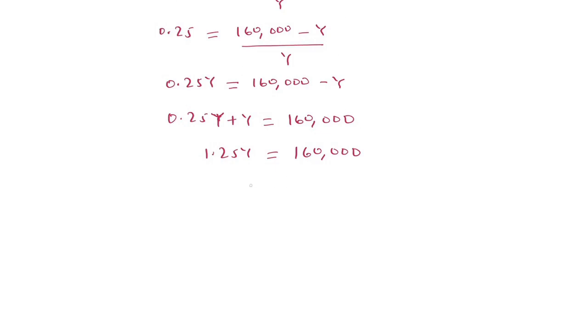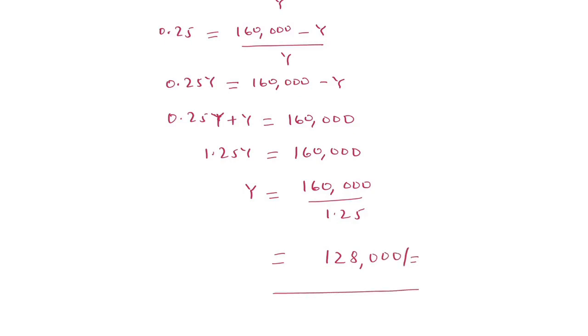Then y equals 160,000 over 1.25, of which after solving the values we have 128,000 shillings. And this is going to be the buying price required.